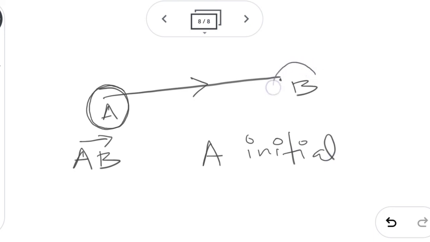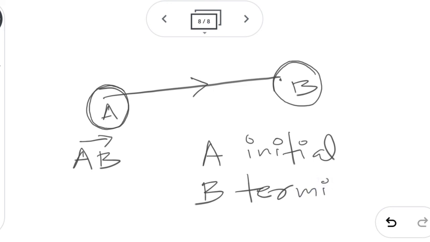The vector ends at the point B, so this point B is known as the terminal point of the vector. So the starting point of a vector is known as the initial point, and the ending point of a vector is known as the terminal point.